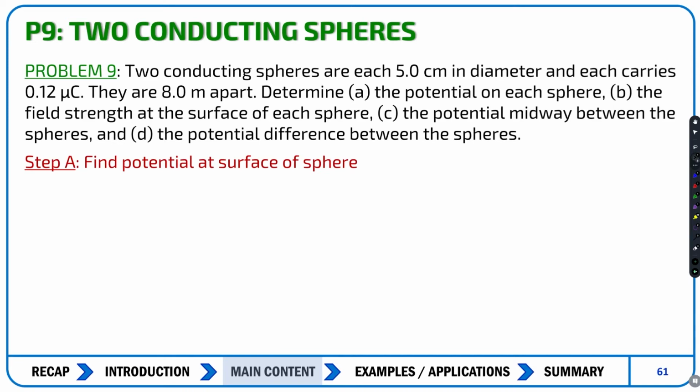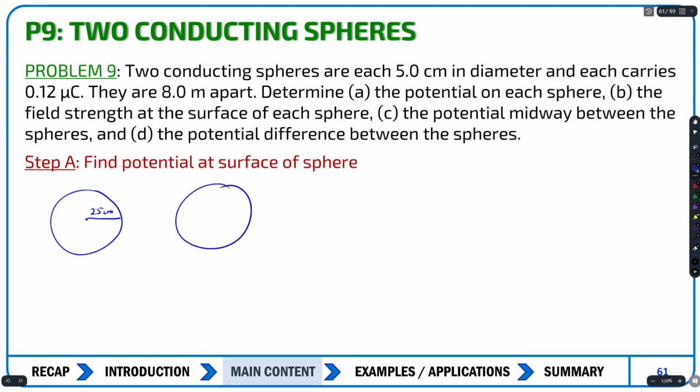I should probably draw the diagram first. So I have this being my first sphere, 2.5 centimeters because they're 5 centimeters in diameter. They're both the same, so let's just draw 2 identical ones.